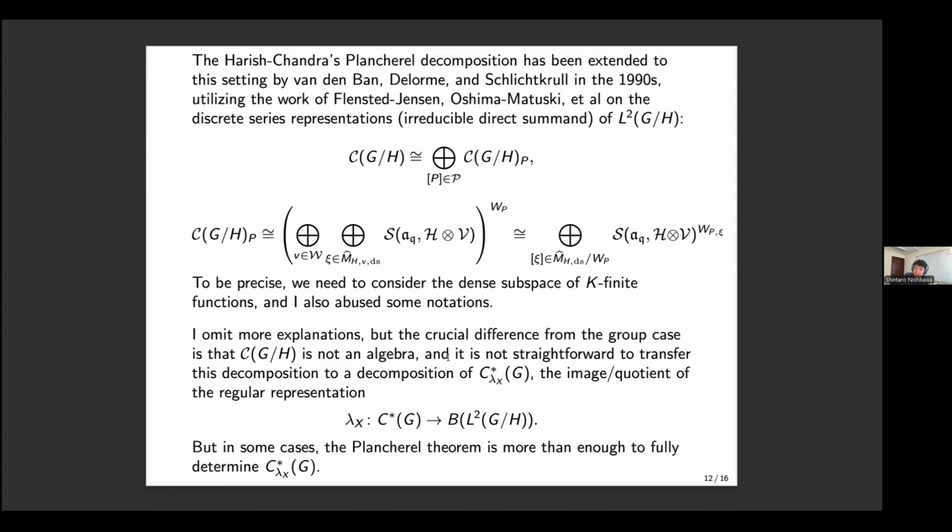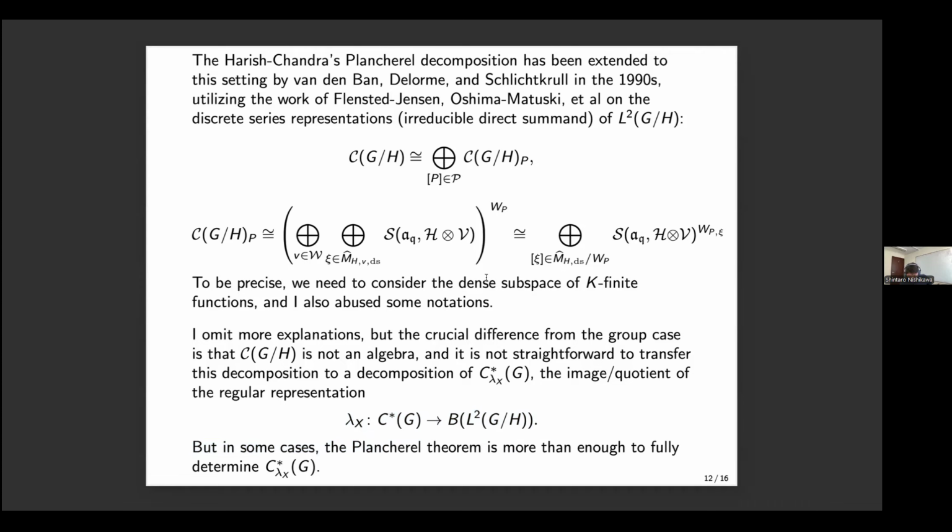Yes, we have a kind of decomposition if you try to use it, but it's not straightforward. And it doesn't translate well in general, again because this is not an algebra. But I will tell you, in some cases, the Plancherel theorem is more than enough to fully determine it.